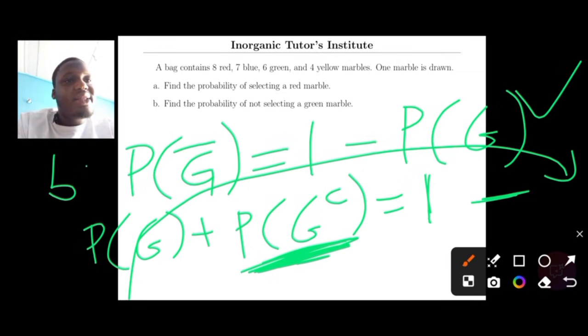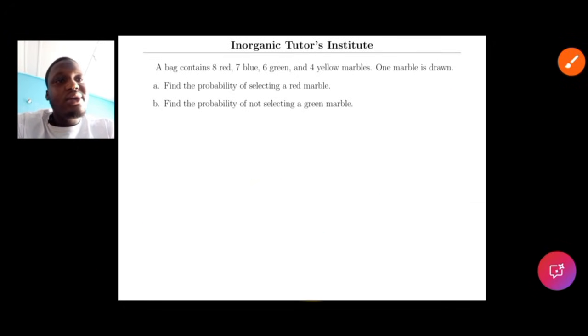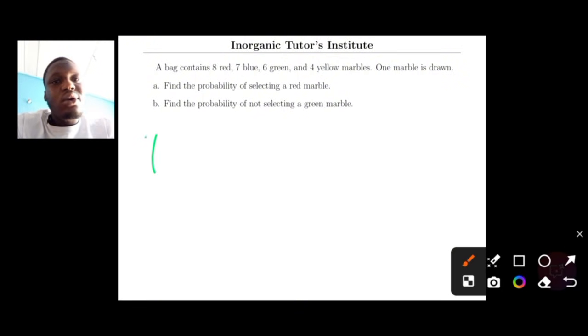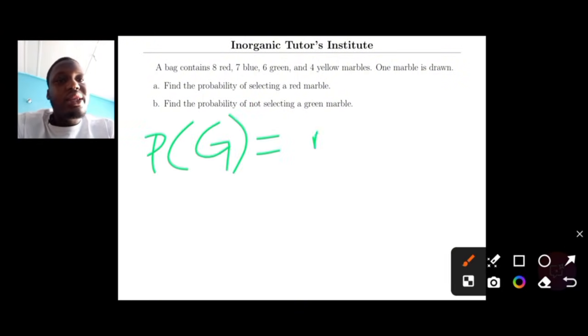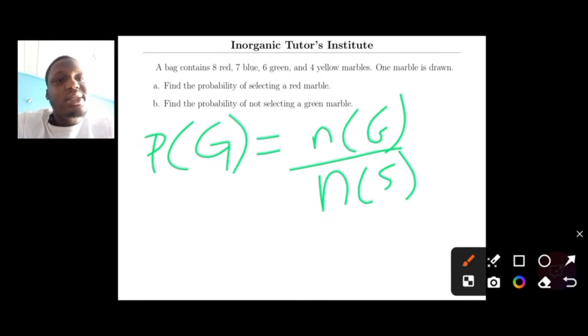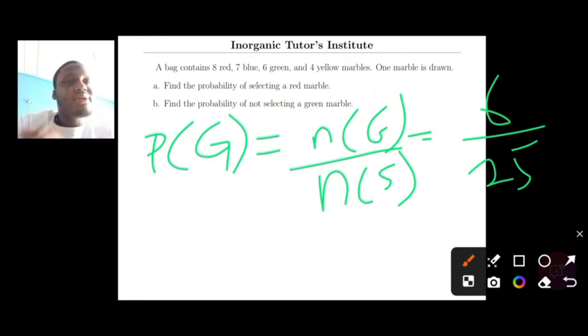So let's go ahead and find the probability of green, because it is easy to do. It's just the number of green over the number of marbles. So the probability of green is equal to the number of green over the number of sample space, being 25 and green being 6.